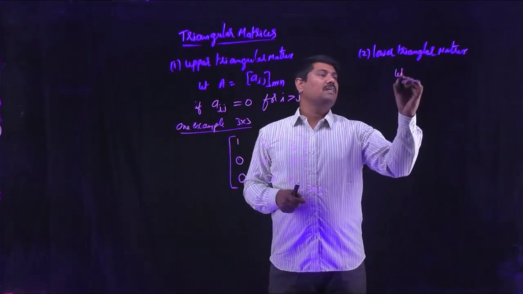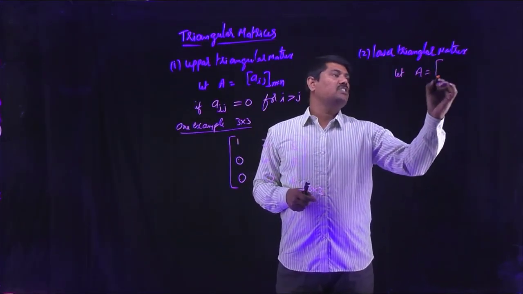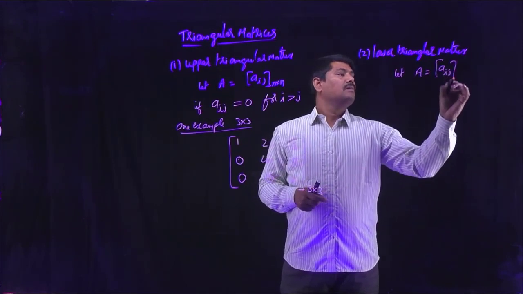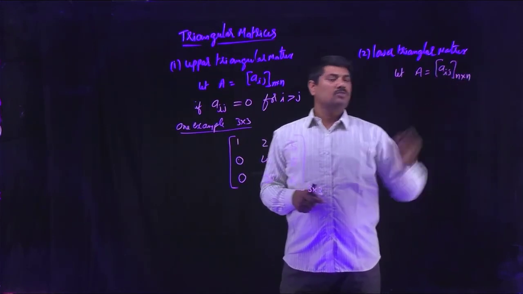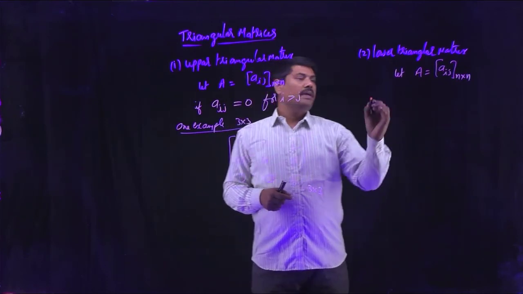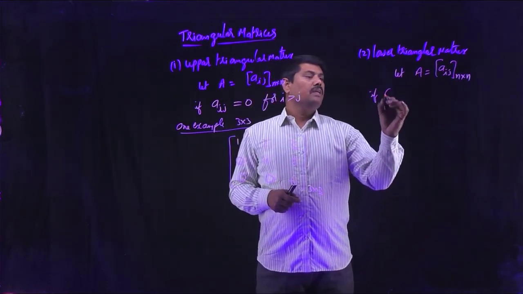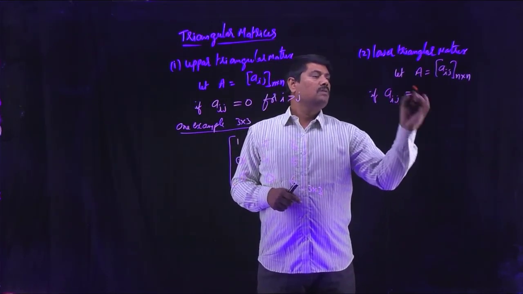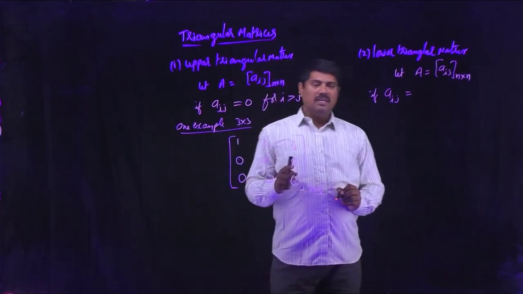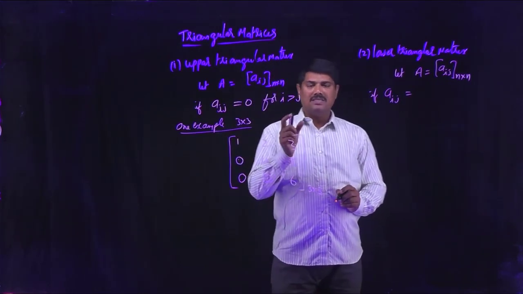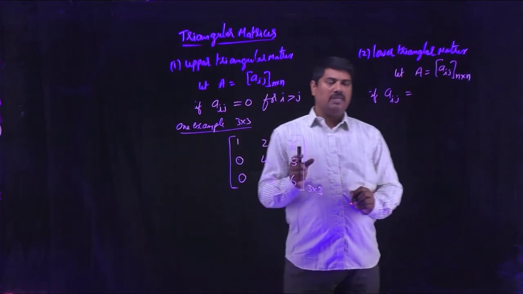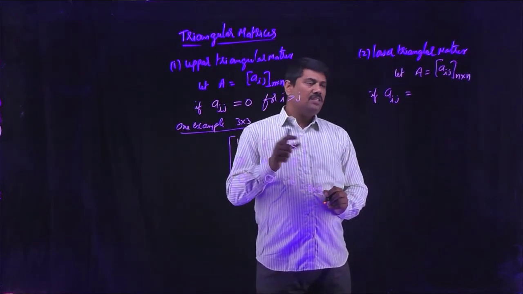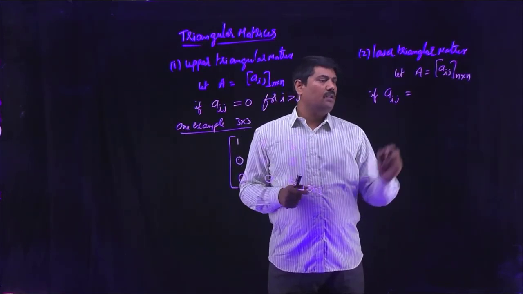Let us consider a general matrix Aij, n by n, so that it is a square matrix. Remember one point, the element of the matrix is indicated with Aij notation, i for row and j for column.